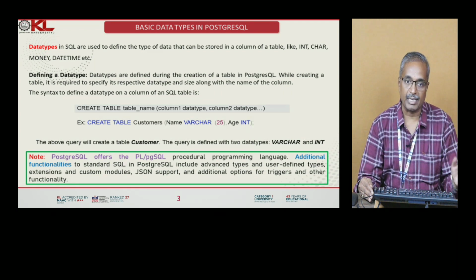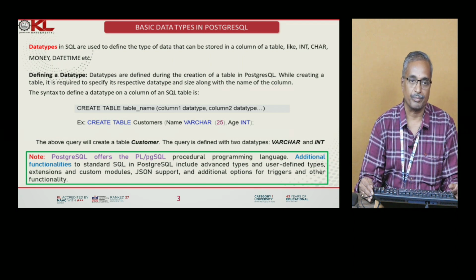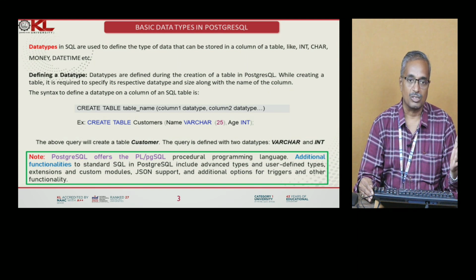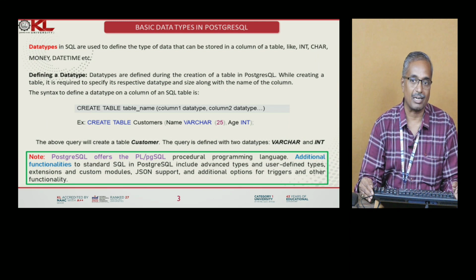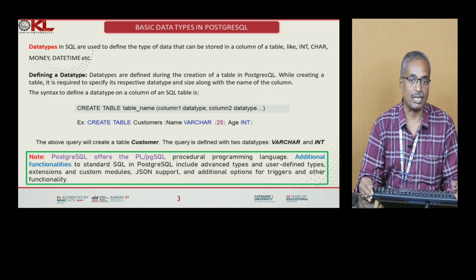Either client based or server based, we can work with this one. And Postgres also provides a procedural programming language, PL/pgSQL, and additional features compared with the remaining SQL tools.